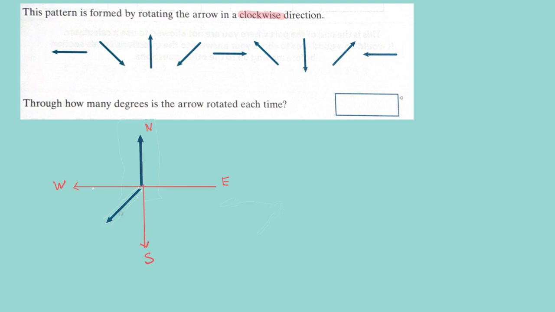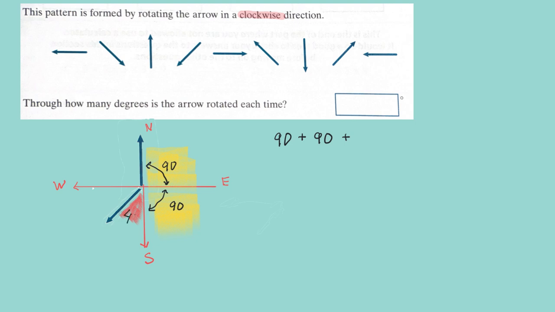So we know that there are 90 degrees between north and east, and we also know that there is another 90 degrees between east and south. Well, 90 and 90 will give us 180, but what is the angle between the arrow here and the south? It will be half of 90, and that'll be 45.